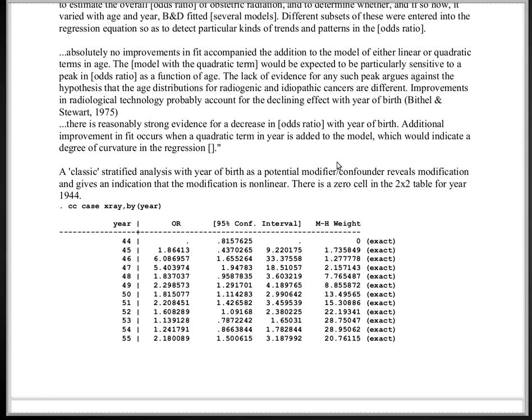Now, there is quite a bit in play here, but let me see if I cannot give you some of the most crucial features for this. So I have then essentially reanalyzed this data, which is available from the IARC, and then used Stata to carry out a stratified analysis of the odds ratio and stratified on the year of birth. Okay.